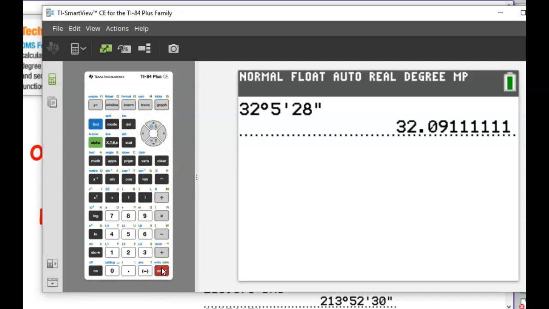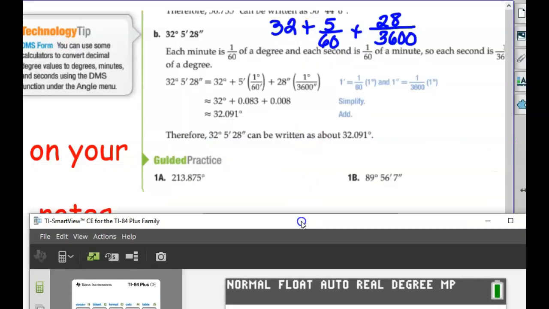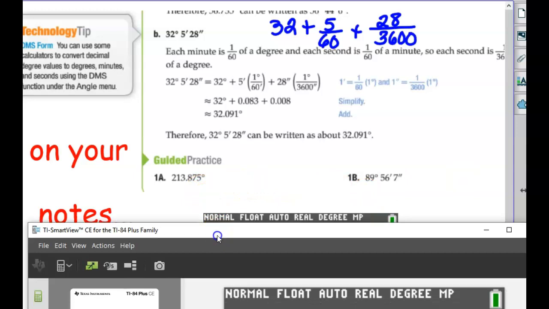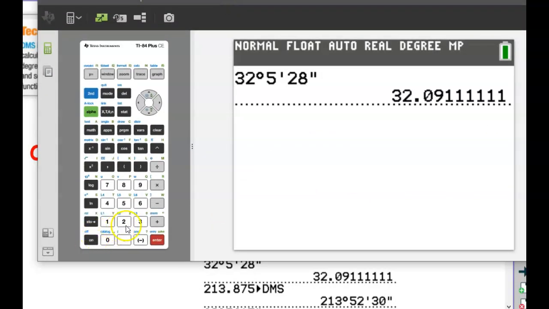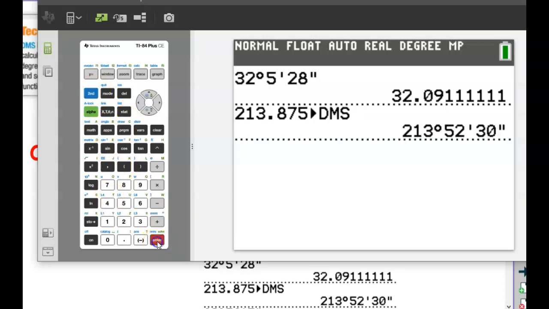Where's the second one again, guys? The seconds, how do you get the seconds? Alpha plus. Okay, do these two real fast right here. I think you have them in your notes. 213.875. Angle, degrees, minutes, seconds. 213, 52, and 30.